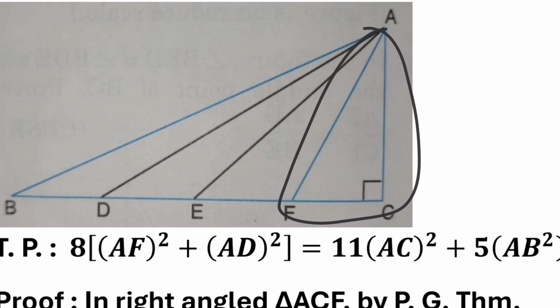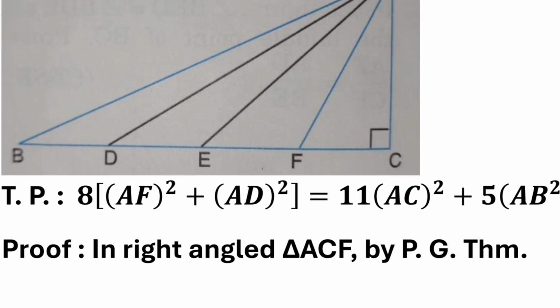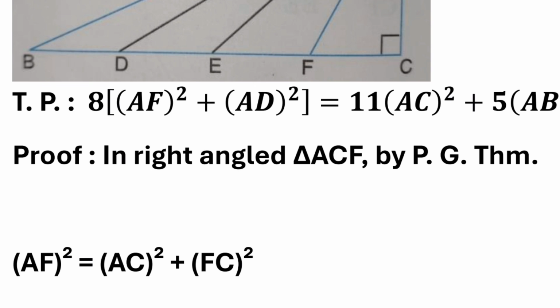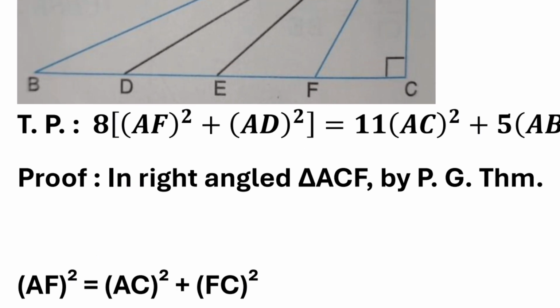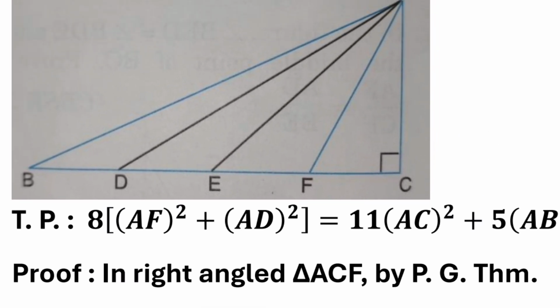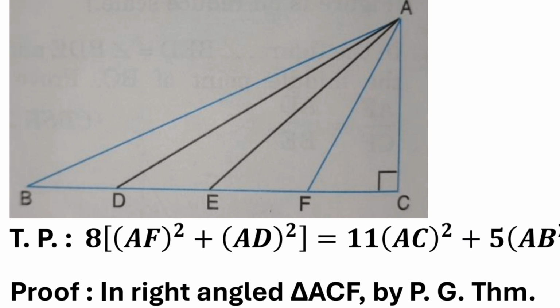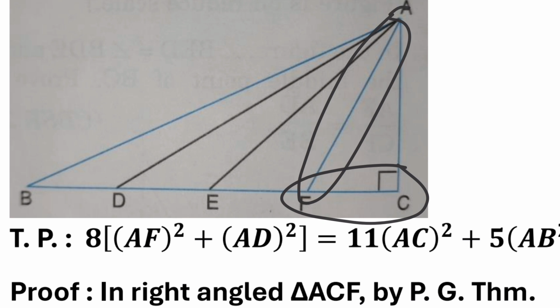Now in these two right angle triangles we use the Pythagoras theorem, first in right angle triangle ACF. By Pythagoras theorem, hypotenuse square, AF² = FC² + AC².